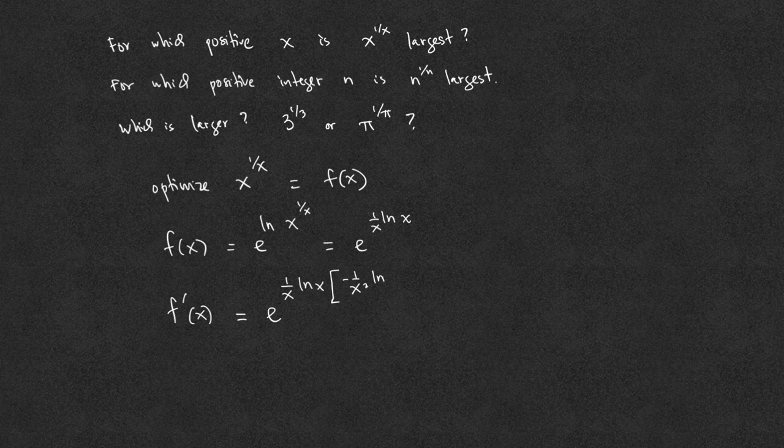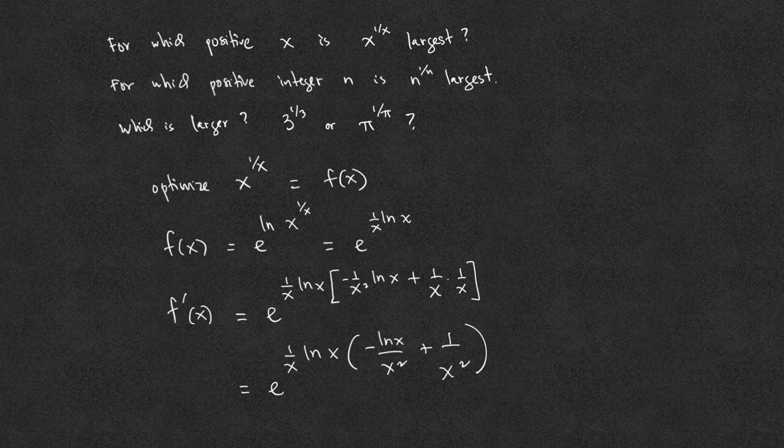We keep the second factor, plus 1 over x times the derivative of ln of x, which is 1 over x. This is e to the power 1 over x ln of x times negative ln of x over x squared plus 1 over x squared.